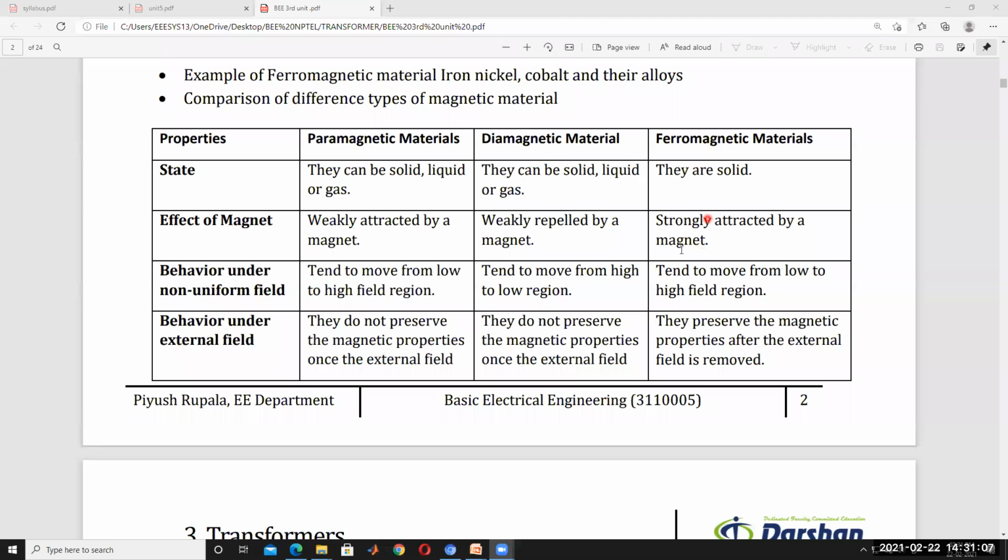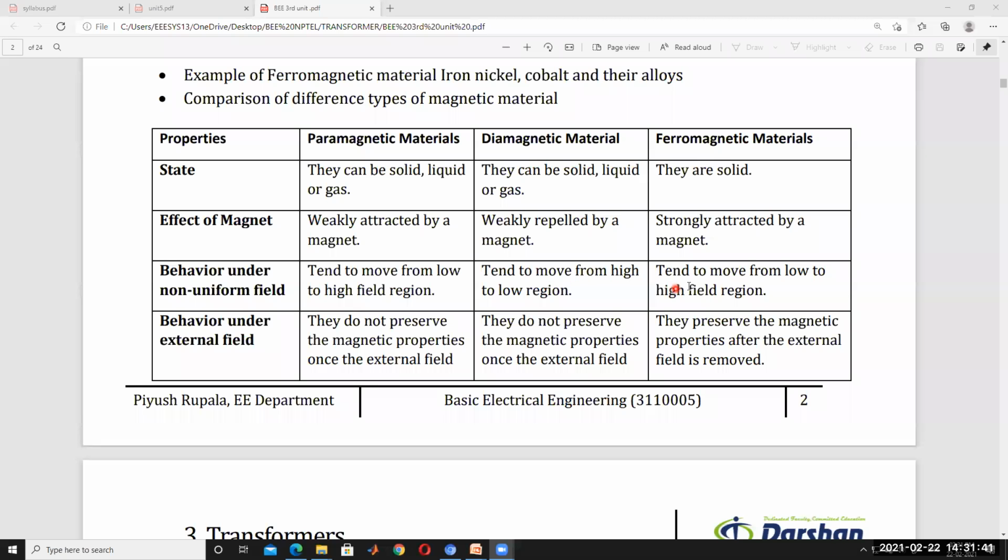As for behavior in a non-uniform field, paramagnetic materials tend to move from a low to a high field region, and diamagnetic materials move from a high to a low field region.